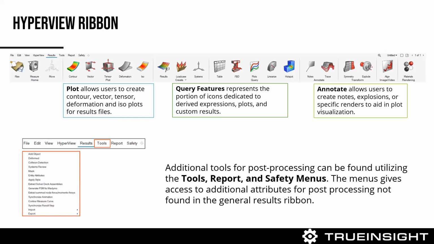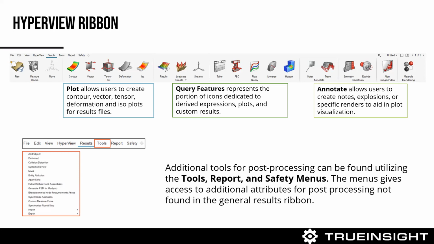We'd have specific ASME code requirements. By using HyperView's expression builder, we can visualize those results directly. So if you're using any specific code requirements, maybe you're in the energy industry, defense, automotive, or aerospace, you can create custom results plots very easily, as well as querying and advanced querying, which we'll show.